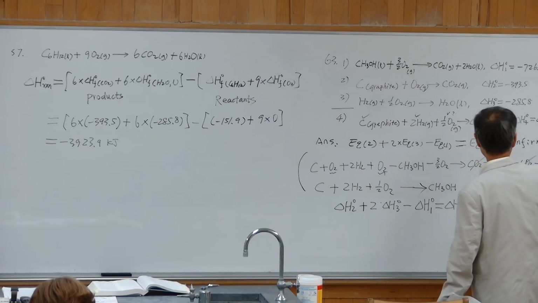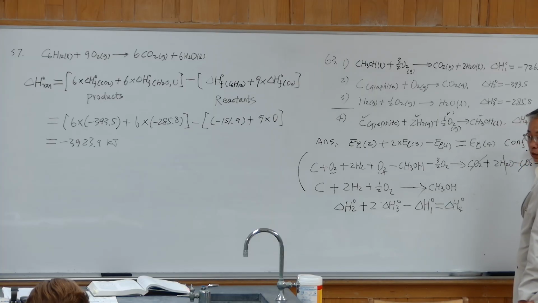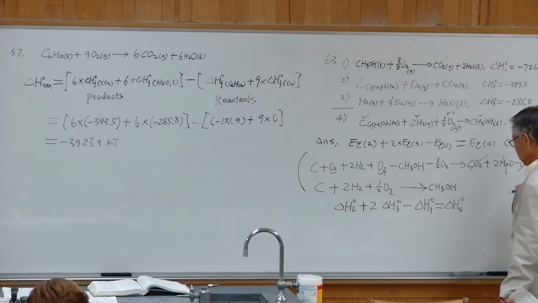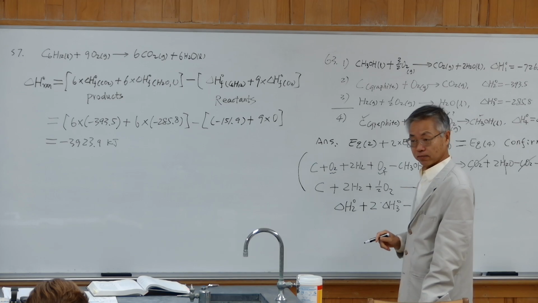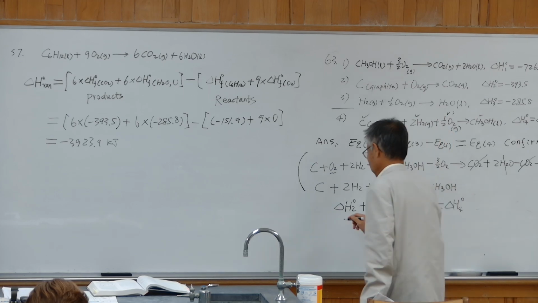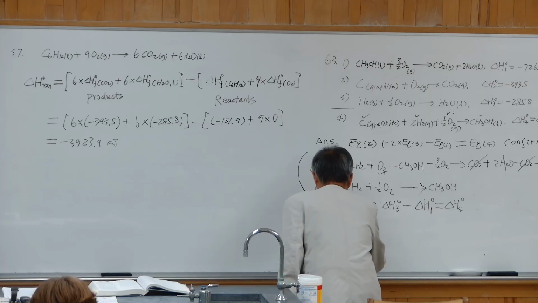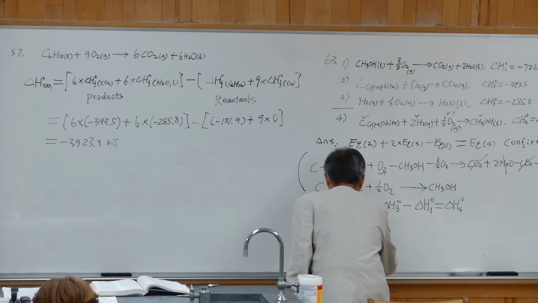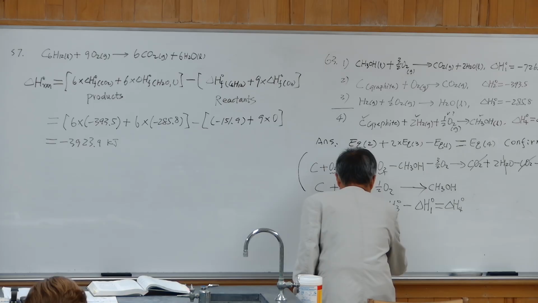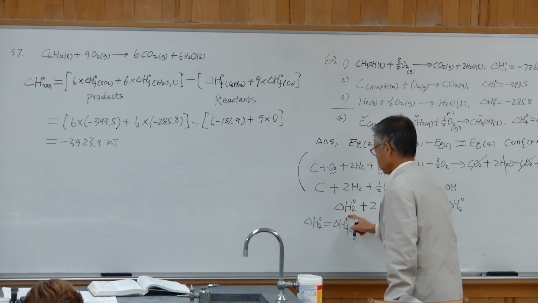Delta H4 is the standard enthalpy of formation of this compound. So we just plug in the numbers. Now, delta H4 is the one you want to figure out. Just plug in the numbers.